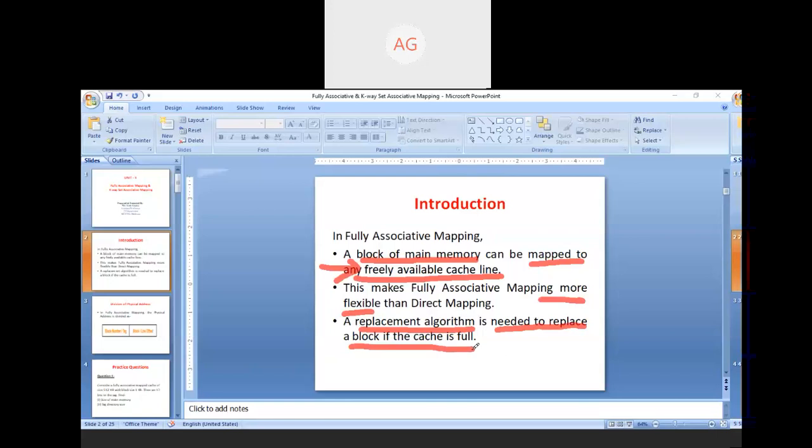Some more algorithms are also there, but these are the two most popularly used algorithms which are used as replacement algorithm in case the cache memory is full. So this is just the basic introduction of fully associative mapping. So you must remember this before solving the numericals which are based on fully associative mapping. So moving to the next slide.